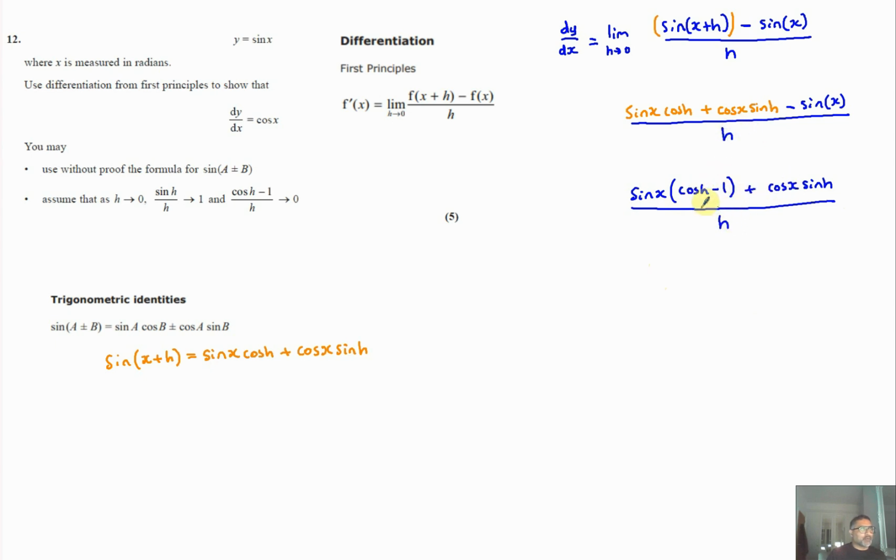It's a nice simple one, they're both being divided by h. So that will be the same as sine x times cos h minus 1 over h. Remembering here that multiplying by that is still the same as dividing by h, so I've just written it like that to make it a little bit easier to see. And then from here we've got cos x times sine h over h.